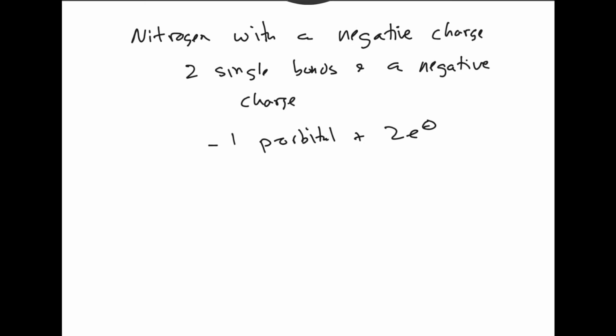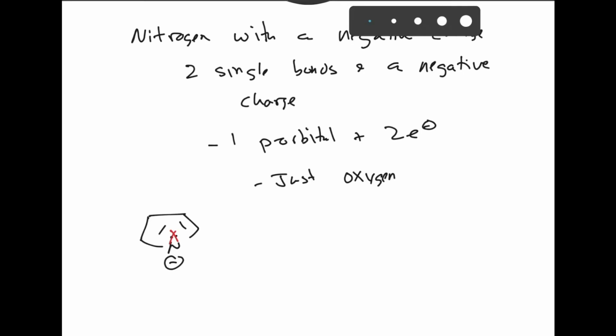So basically it's oxygen. So let's say we have that, right? For nitrogen to have a negative charge, it has 2 lone pairs, right? It has the one that you're drawing as a negative charge, and then it's got a lone pair. We only count one of those 2 lone pairs, just like it was an oxygen. So we're not going to count these, and it ends up being 6 electrons and aromatic.